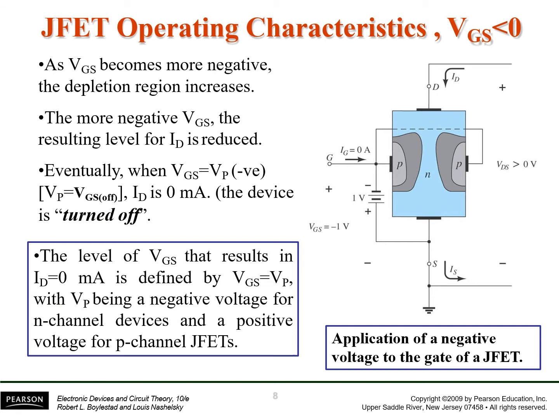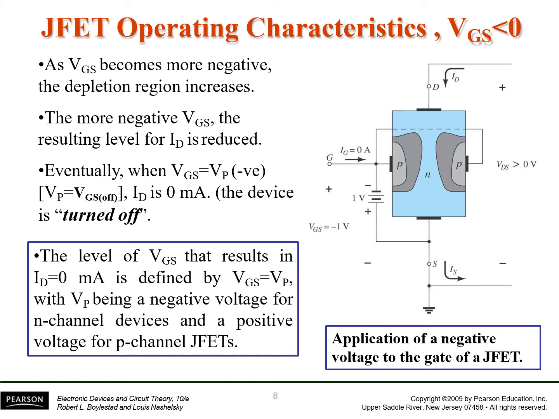Now we see a situation in which we have a negative voltage between the gate and the source. As you can see in the diagram, we have put a battery in the reverse direction, and the value of that battery is 1 volt. So what would happen in this case?